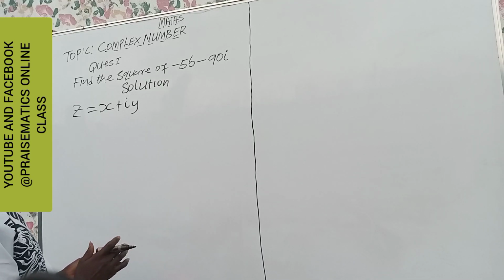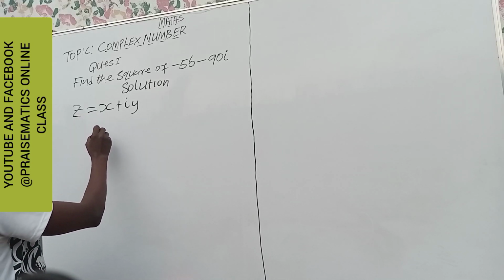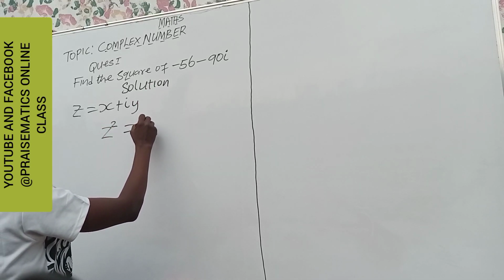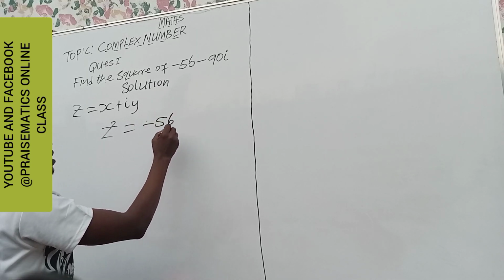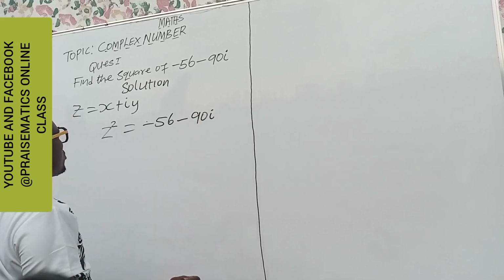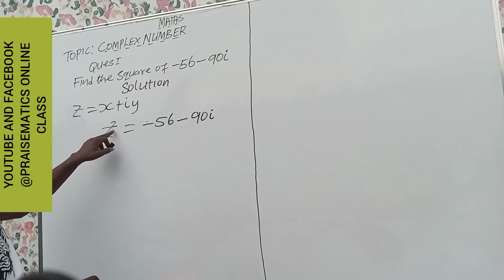So how do we find the square root of this? We are going to look at z squared. That is, z squared is equal to minus 56 minus 90i. So we want to expand this square.